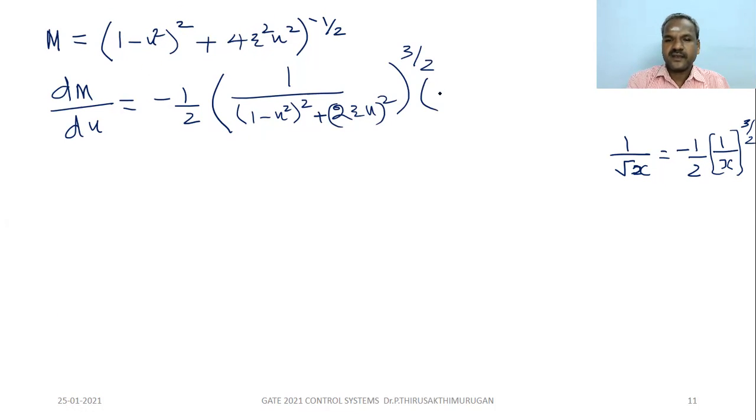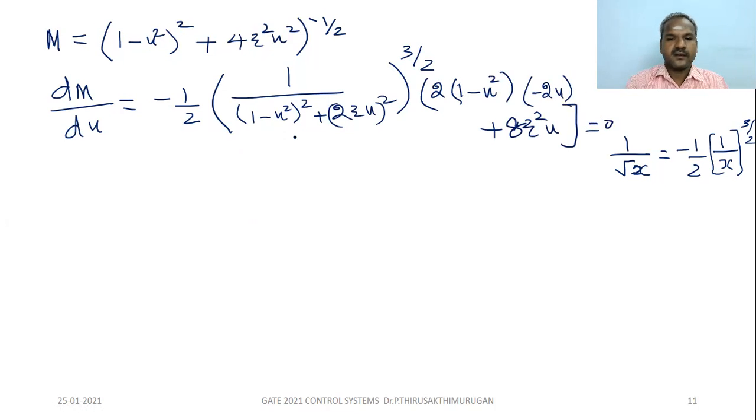So what do we get? 2 into (1 minus u square) into minus 2u, plus 8 zeta square u. This is equal to 0.